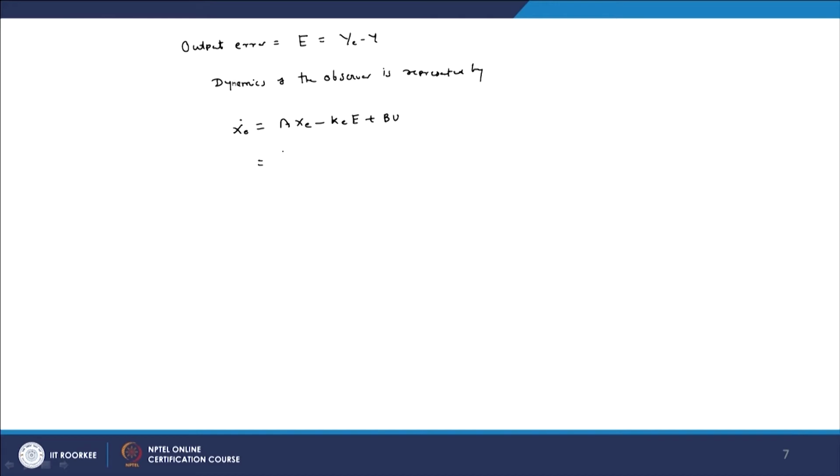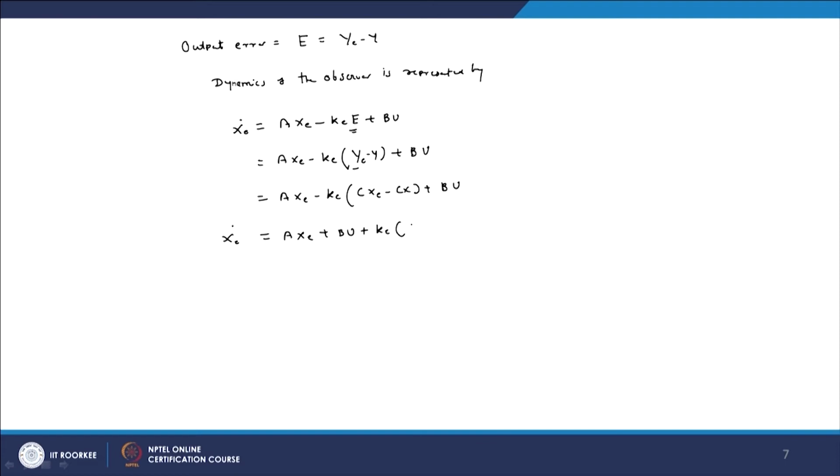Now this error E is represented by y minus ŷ. Here ŷ is nothing but C into xc, and y equal to C x, and this can be written as xc dot equal to A xc plus B u plus K C x minus C xc. The negative has changed to positive.